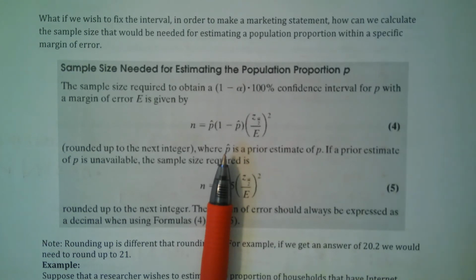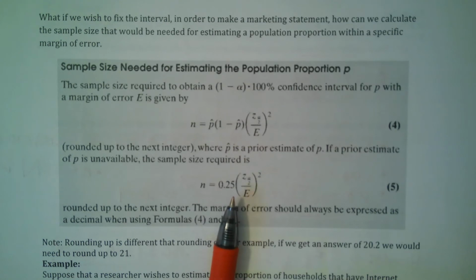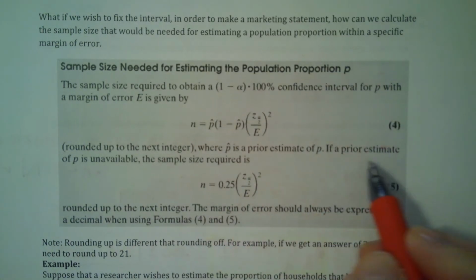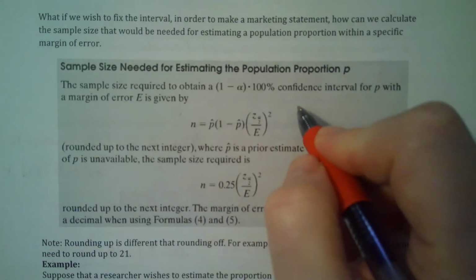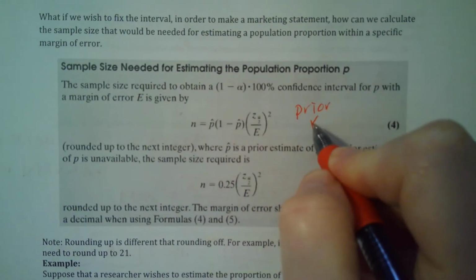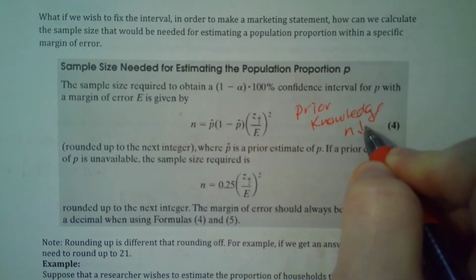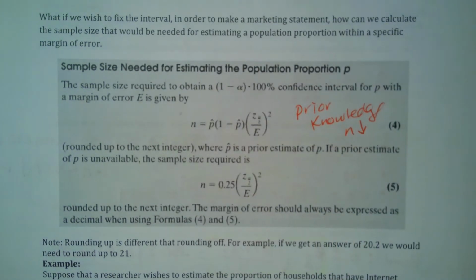Now, if you have no idea and you've never done a survey before, we have to use this n down here, which assumes you don't know any prior estimates. And this is going to give us a wider range because we have less information, right? So if you have prior knowledge, your n will not be as large that you'll need because you have previous information.